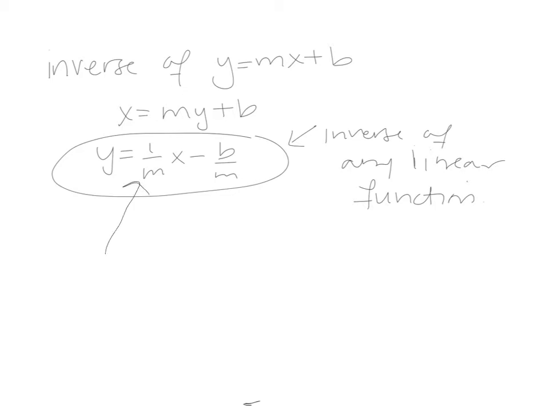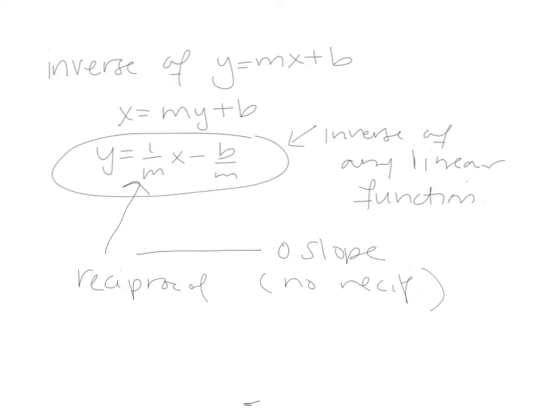But it can't be true for horizontal lines because horizontal lines have 0 slope, and so you would end up with the inverse function being a vertical line or something maybe undefined. And so this becomes a problem with reciprocals: 0 slope, no reciprocal. So that's why it's a problem with horizontal lines.